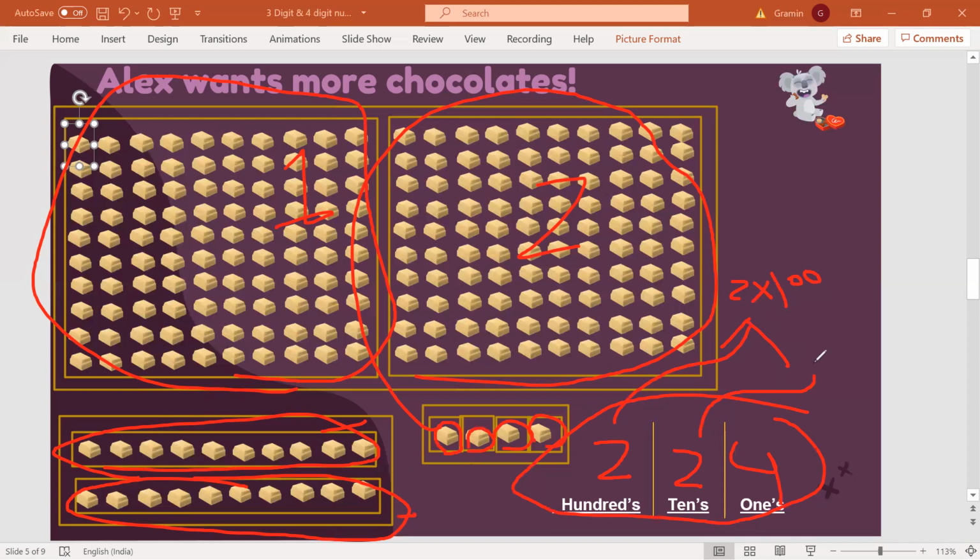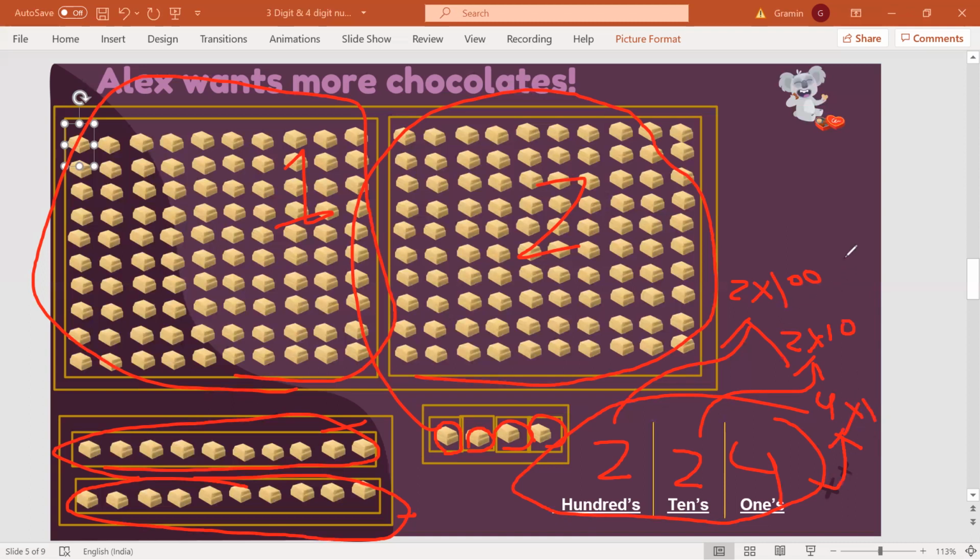So what this would mean? This would mean 2 multiplied by 10. And in the ones box, how many chocolates are you having? 4 chocolates. Okay. How many groups of 1 chocolate? 4 groups of 1 chocolate. So this will be equal to 4 multiplied by 1.